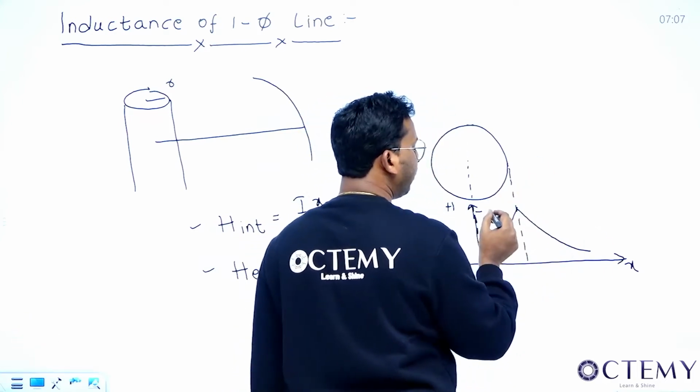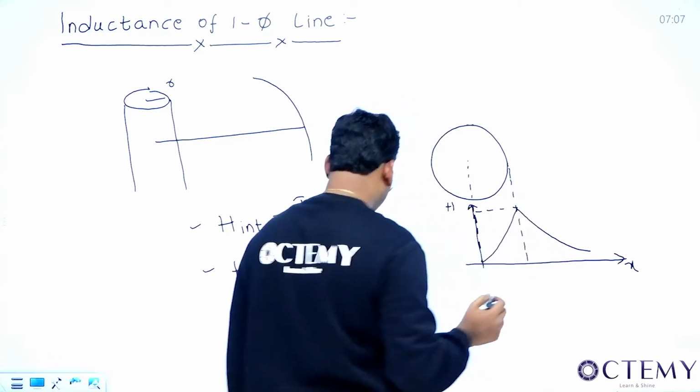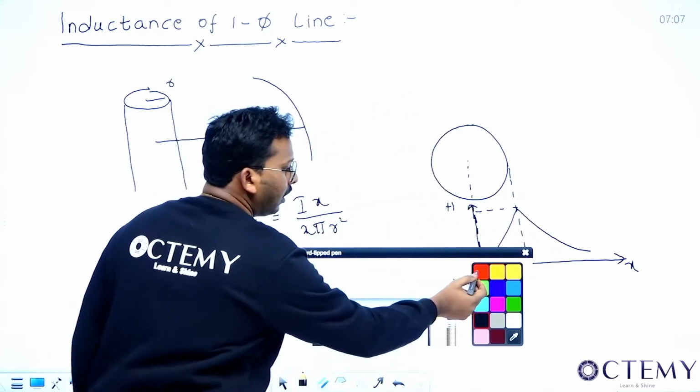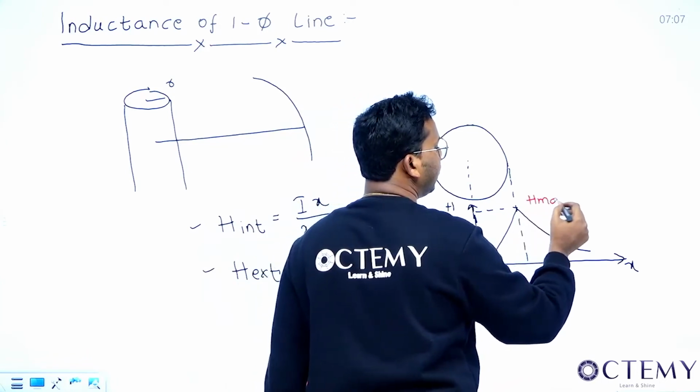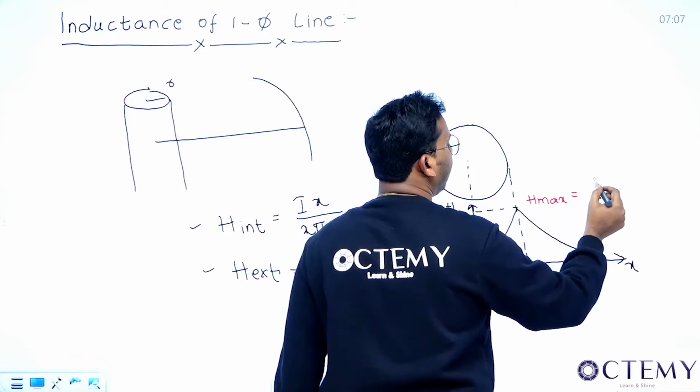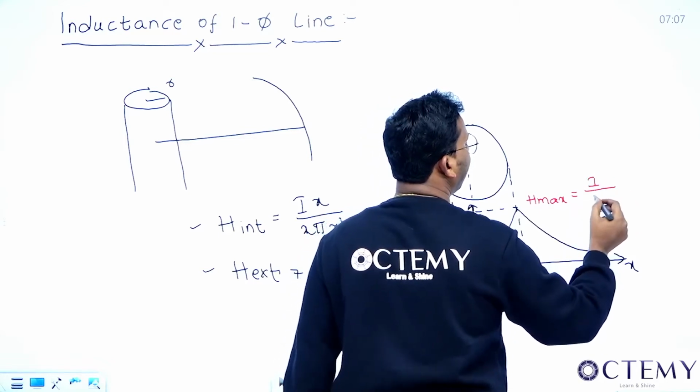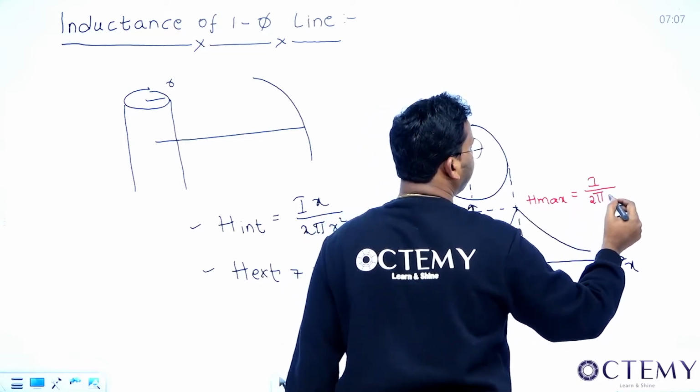The maximum value is on the surface of the conductor, that is H max equal to I divided by 2 pi r. This you have to remember.